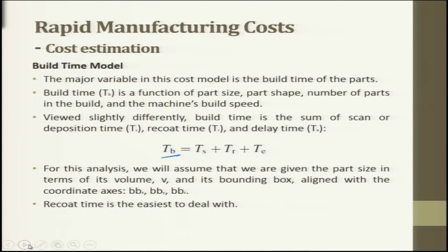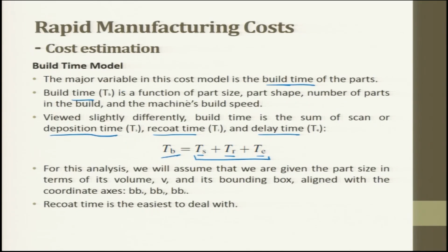Now, what is this TB dependent upon? It is an additive function of three factors, TS, TR and TE. TS is deposition time, TR is recoat time, and TE is delay time. The major variable in this cost model is the build time of the parts.